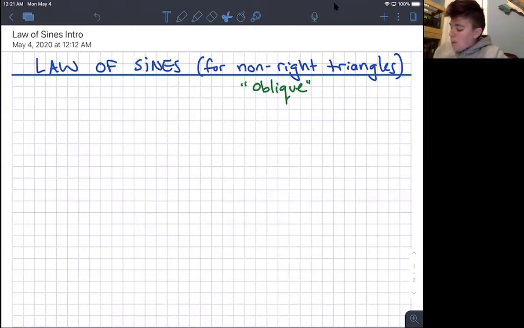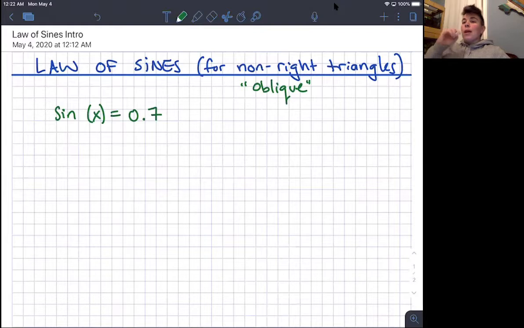If I said the sine of x was equal to, I'm just making up stuff here, let's say 0.7. That is not on the unit circle, right? So what I could do is make myself a right triangle like we did in the last unit.